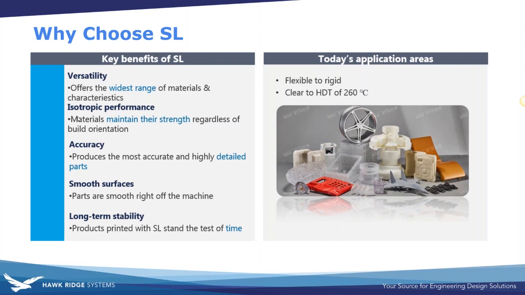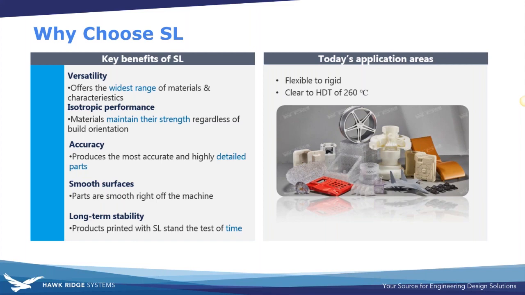The other thing I like is that it has isotropic performance. As the laser is curing each layer, it actually penetrates a little deeper than just whatever the layer thickness is. So if you're printing at, let's say, 100 microns, it will penetrate about maybe 120, and the reason it does that is so it actually bonds the previous layer.